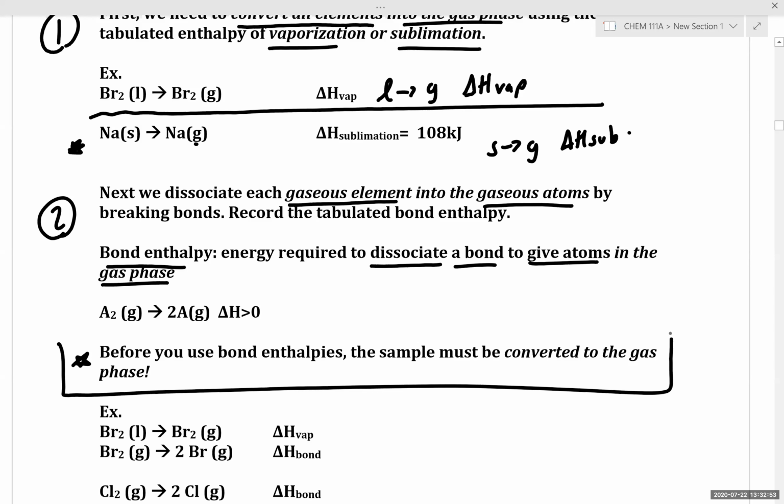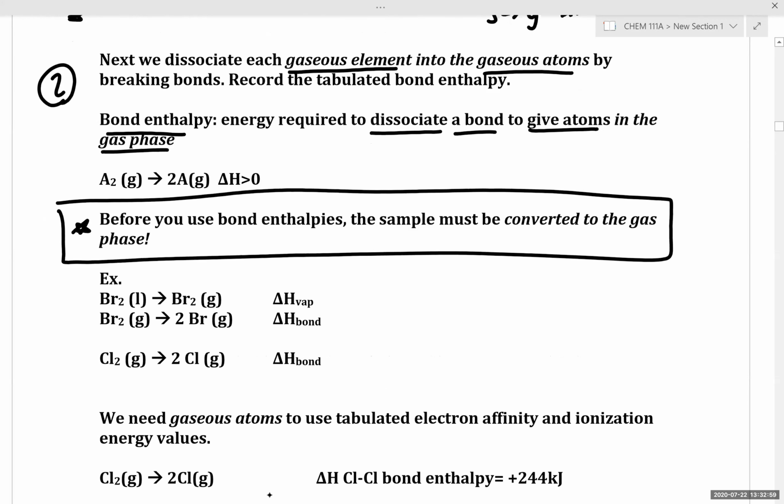Before you use the bond enthalpies, you need to have your species in the gas phase. So for example, if we wanted to look at bromine atoms in the gas phase, we'd first have to vaporize our sample, then we'd dissociate our bond. In the case of chlorine, since chlorine's already in the gas phase, we can use our bond enthalpies with no modification.